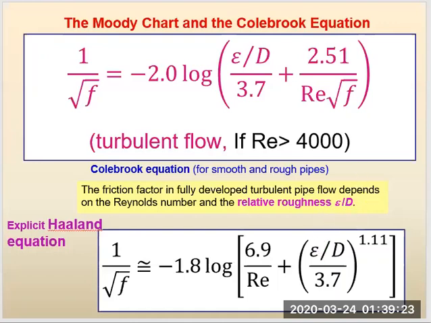Epsilon over D is called relative roughness. So the friction factor in fully developed turbulent pipe flow depends on the Reynolds number and the relative roughness. By the way, when I say channels and ducts, please keep in mind that these equations are only valid for circular pipes. For now, we're going to use them for circular pipes.